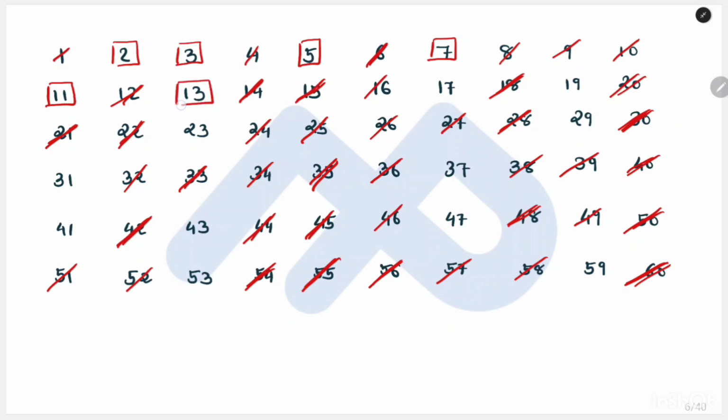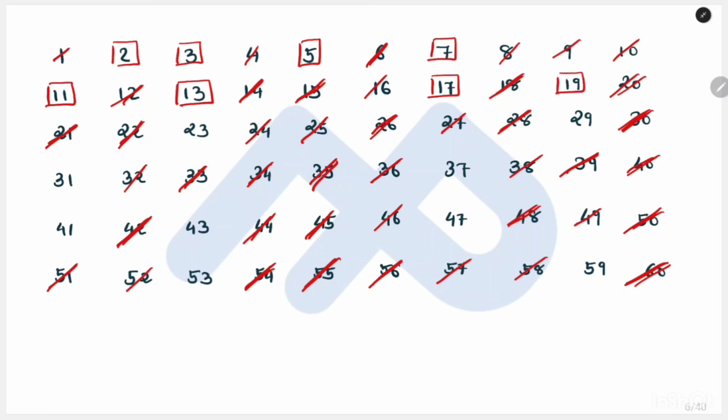Then 13. So all the multiples of 13, let's remove them: 26 and 39 and 52, removed. Then comes the 17. So all the multiples of 17: 17 twos are 34, 17 threes are 51, and then there are no numbers after 60.